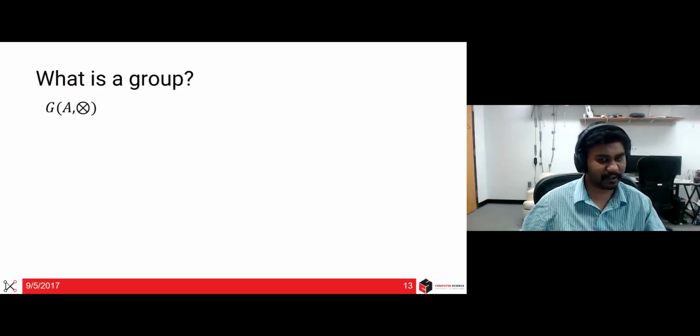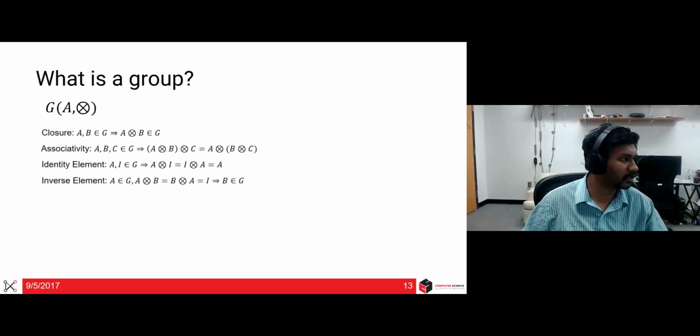For the rotation matrix case, we will choose multiplication. Okay, so a group should satisfy 4 major properties. Closure, which is if I pick 2 elements from the group, and I apply the operation between A and B in any order, the resultant should belong to the group G.